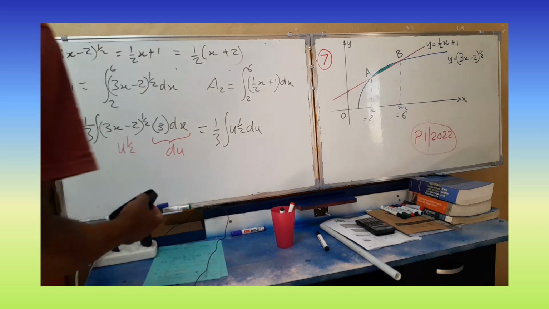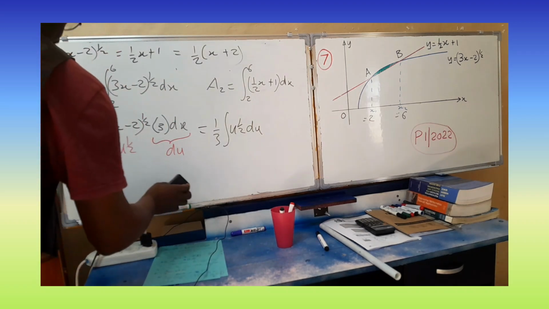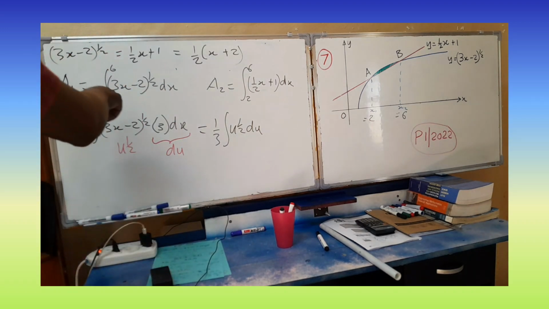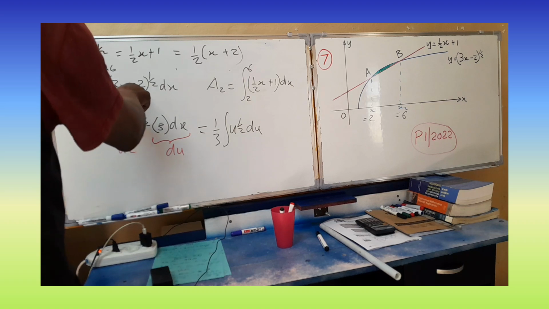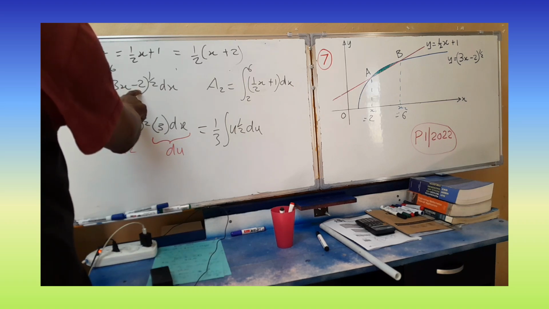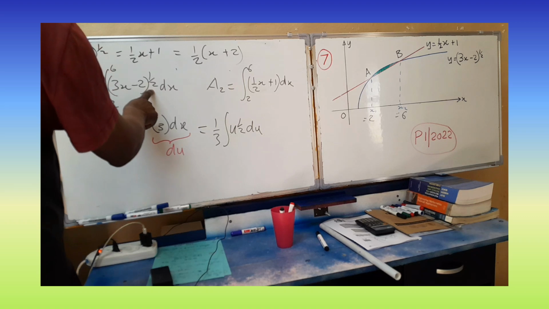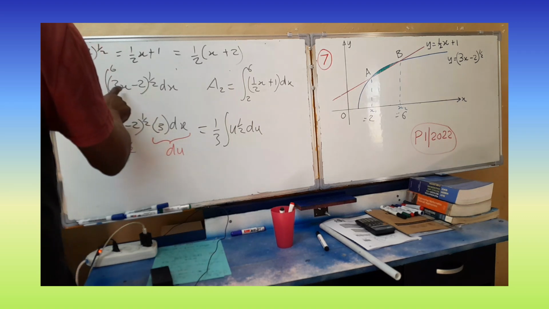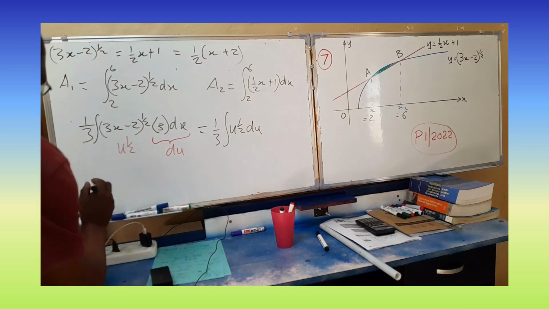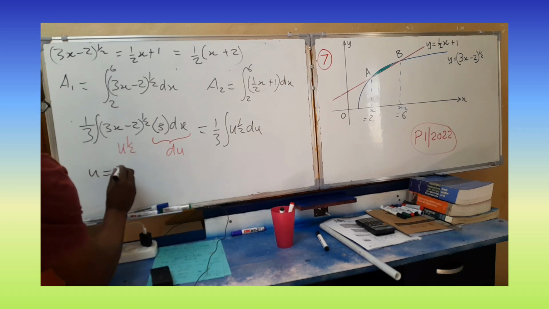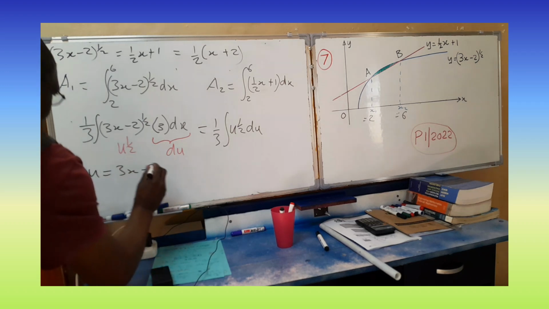Let's bring back our limits. We have said our 3x minus 2 is u, which is raised to the power a half as well. So our u, in this case, is equal to 3x minus 2.